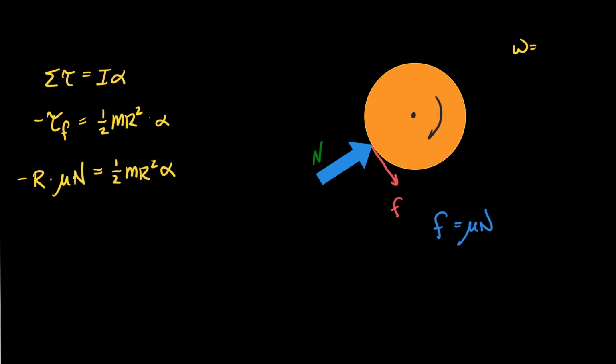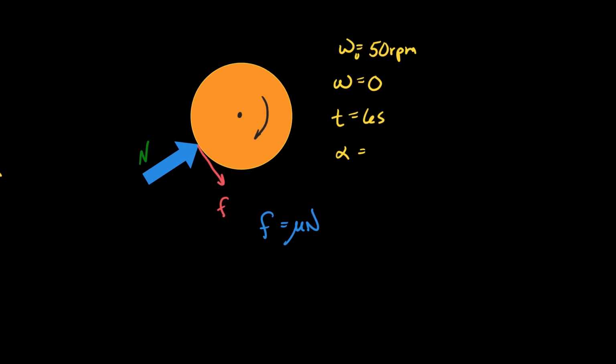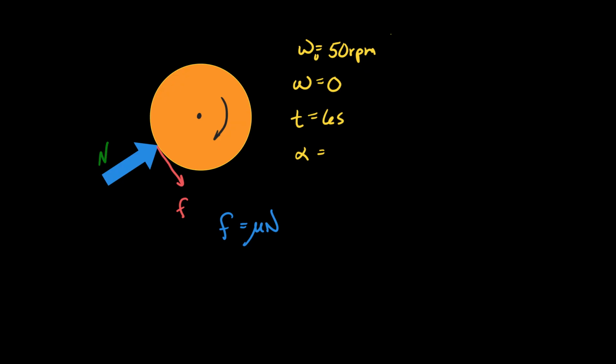Omega is 50 RPM. That's initial. Final is going to be 0. And they tell us the time is 6 seconds, so we just need alpha from that. I will have to convert that RPM into radians per second, though, before we go any further, so let's do that part.